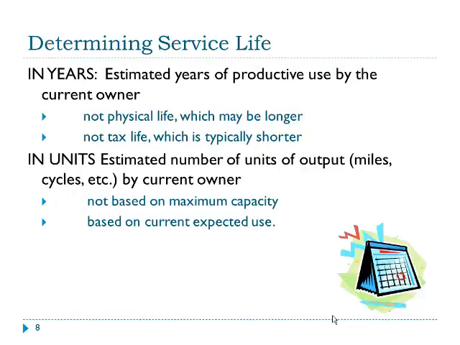The other way to measure service life is by the estimated number of units of output by the current owner. Often when one buys equipment, it's measured for a particular capacity. That is, a copier may have a useful life measured in terms of the number of copies it will make, or a machine tool may be measured in life by the number of cycles that it will go through.